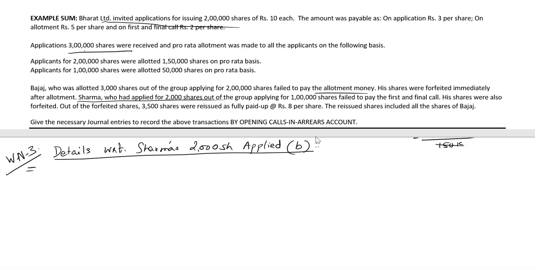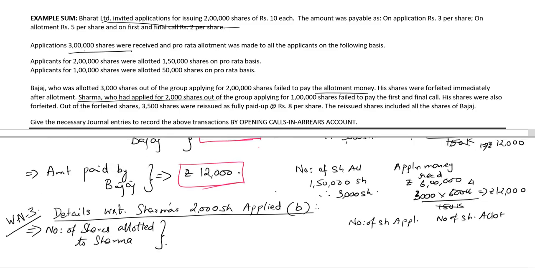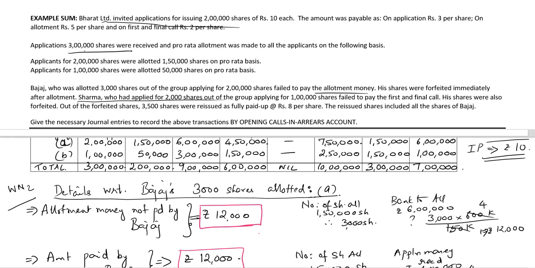We'll begin by finding out the number of shares allotted to Sharma. The two columns that we will take is number of shares applied column and the number of shares allotted column from the second category.